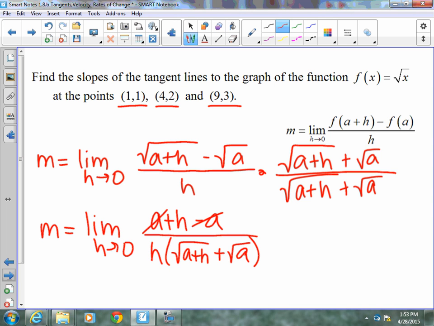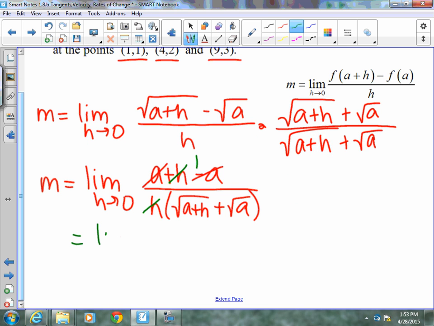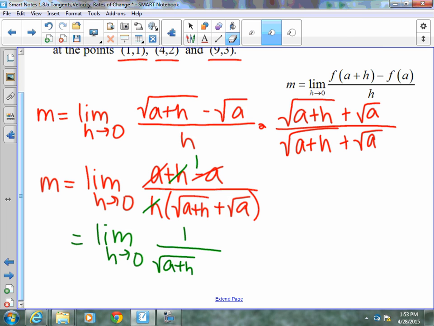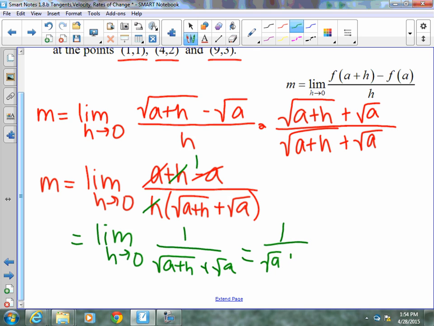Those a's cancel out, which then allows us to cancel out the h's. And then we have the limit as h approaches 0 of 1 over radical a plus h plus radical a, which when we plug in 0 for h, we get 1 over radical a plus radical a, or 1 over 2 radical a. And that is our slope, our equation for slope.